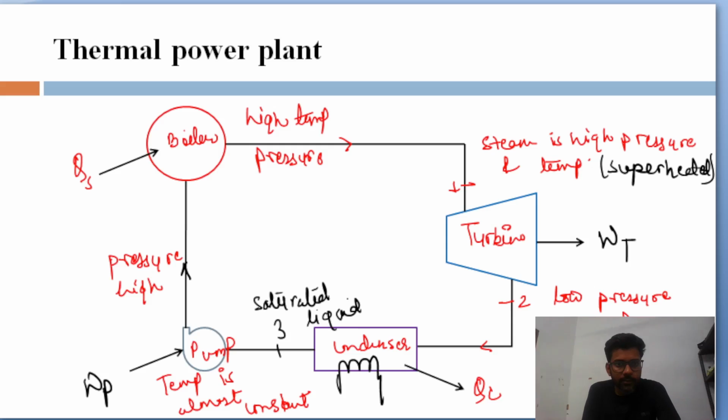So in the thermal power plant, we can see the pressure is dropped in the turbine and raised in the pump, and constant in the boiler and condenser.